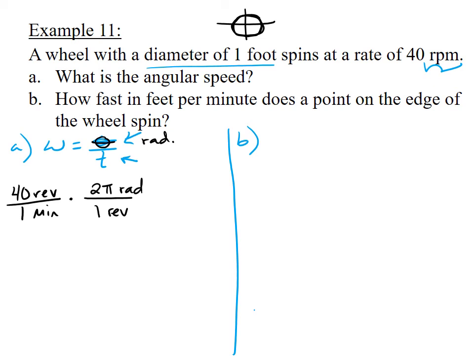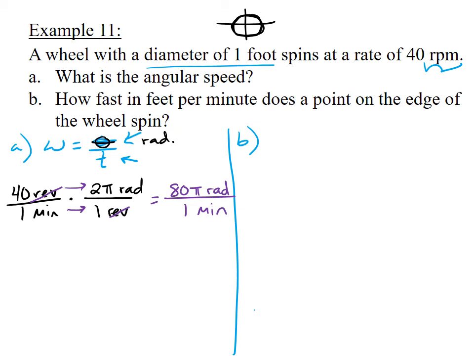So one revolution is one full distance around, which is 2 pi radians. Revolutions cancel. When I multiply across the top, across the bottom, I get 80 pi radians in 1 minute.